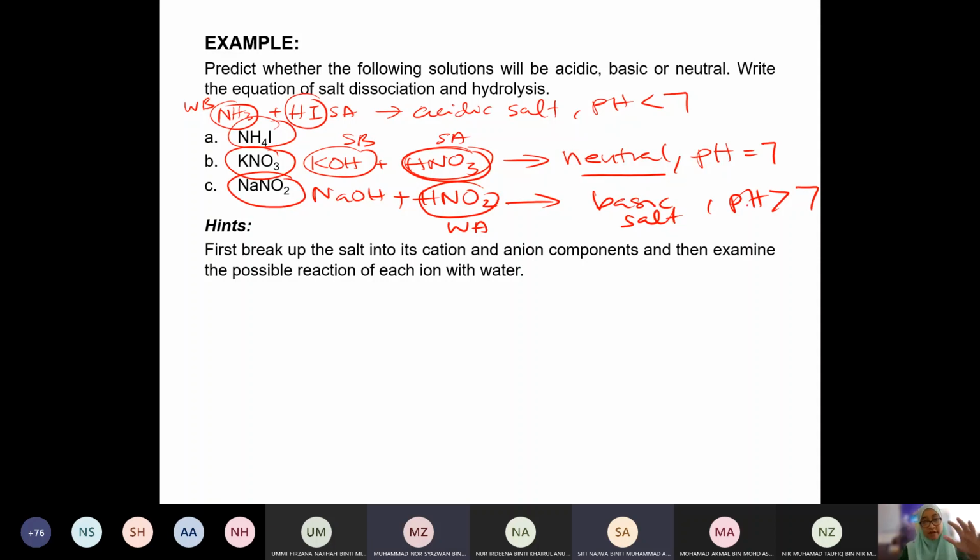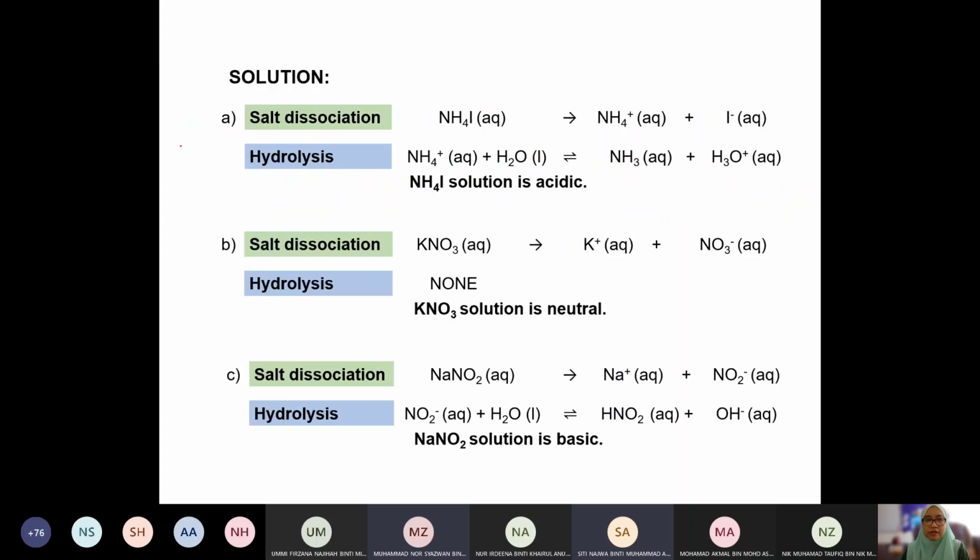Okay, so now this is our prediction. Next will be your steps in confirming the characteristic of the salt. So you need to have this one: salt dissociation, hydrolysis. So NH4I producing NH4+ and I-. This step is to produce the anion and the cation of the salt.